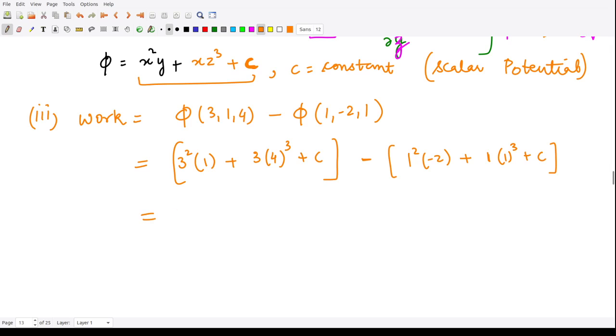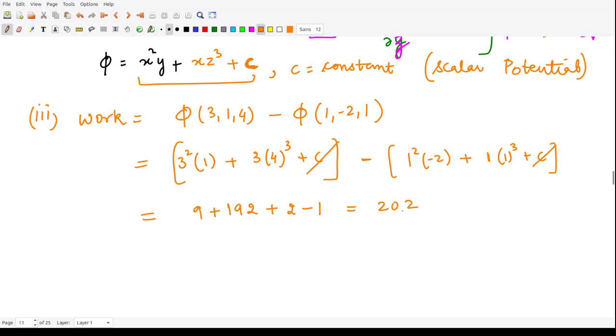So when you solve this, c and c will cancel out. So you have 9 plus 192, and we have plus 2 minus 1. Yes, minus 1. So this will come out to be 202.